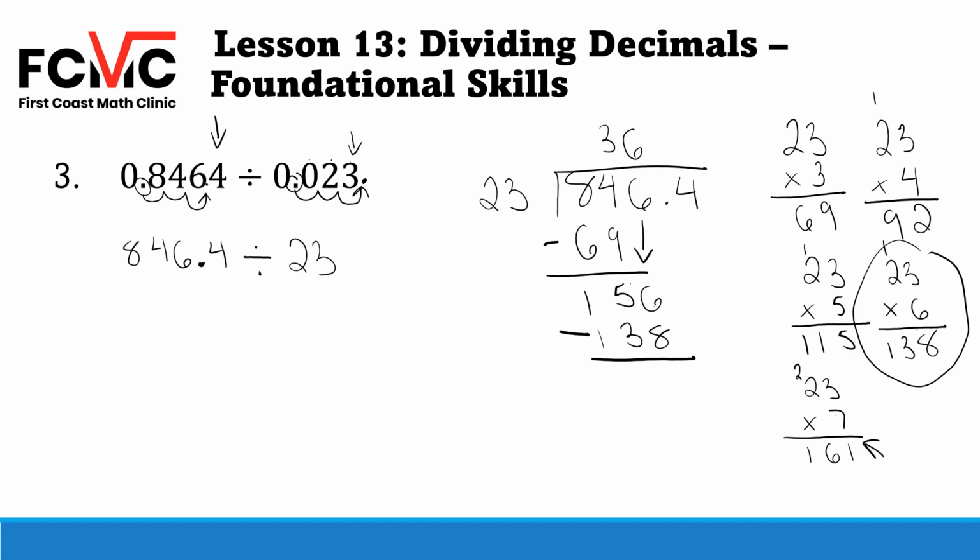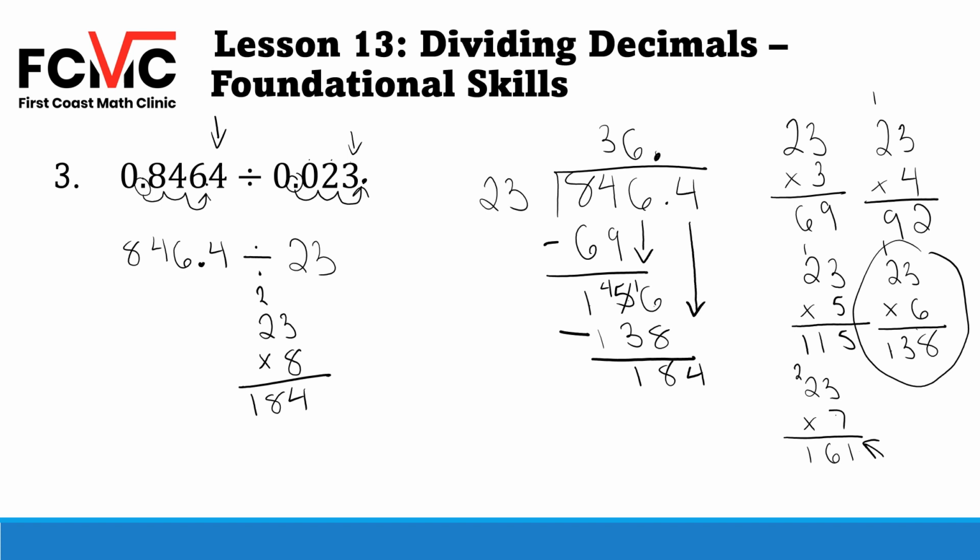If we subtract this, let's do some borrowing. This will become 4. That'll become 16. So this is 18. Let's bring down that 4. All right, we already know 7 times 23 isn't going to be big enough. So if I do the times 8 over here, 23 times 8, we'll get 184.